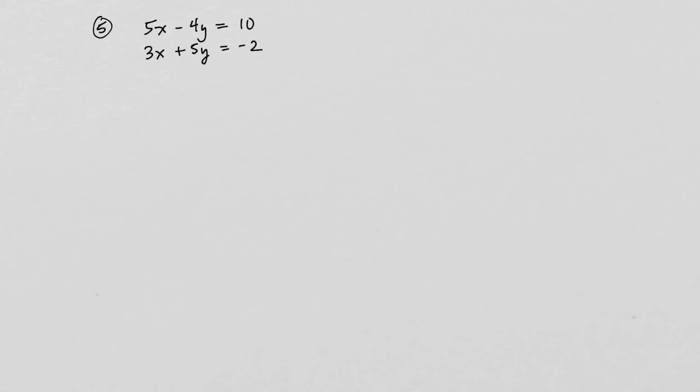So to change -4 into -20, we need to take that equation and multiply both sides by 5. If we do that, that equation will turn into 25x minus 20y equals 50. So you can see we got our -20y that we wanted, but you should also see that the x and the number here also changed.